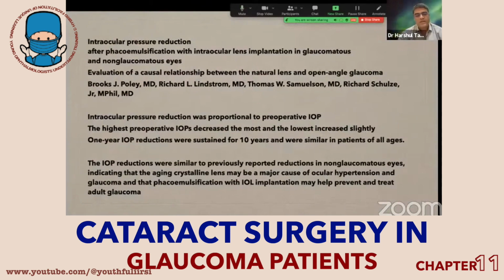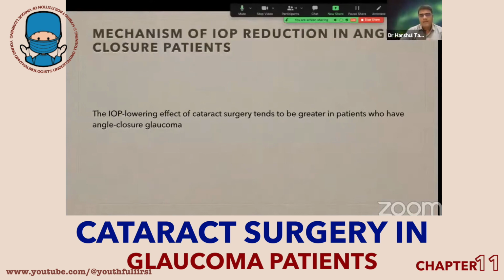It concluded that IOP reductions were similar to previously reported reductions in non-glaucomatous eyes, indicating that the crystalline lens may be a major cause of ocular hypertension and glaucoma, and phaco with IOL implantation may help prevent and treat adult glaucoma.